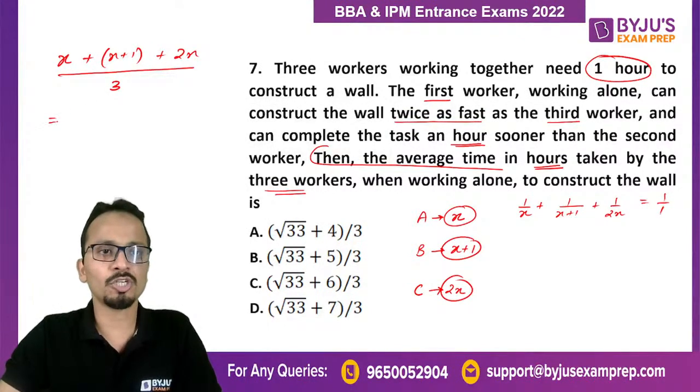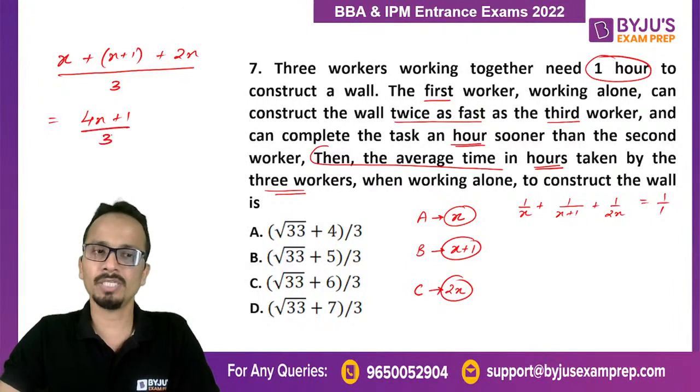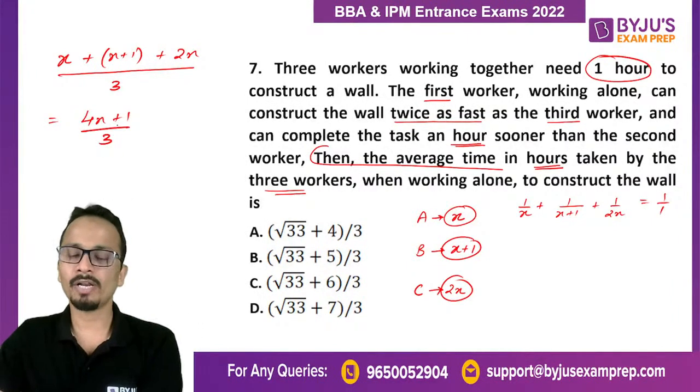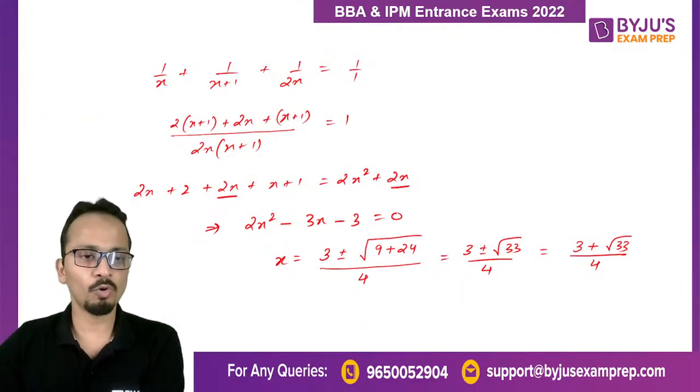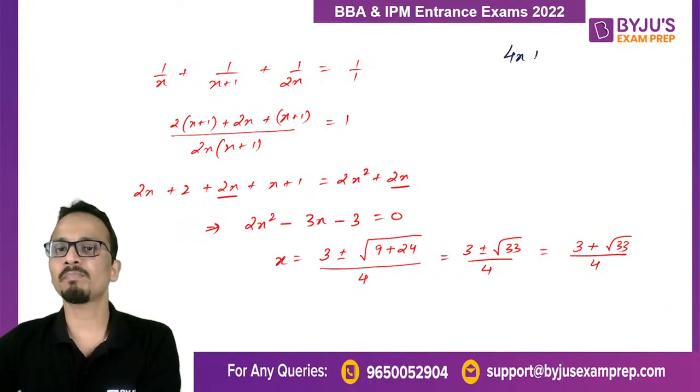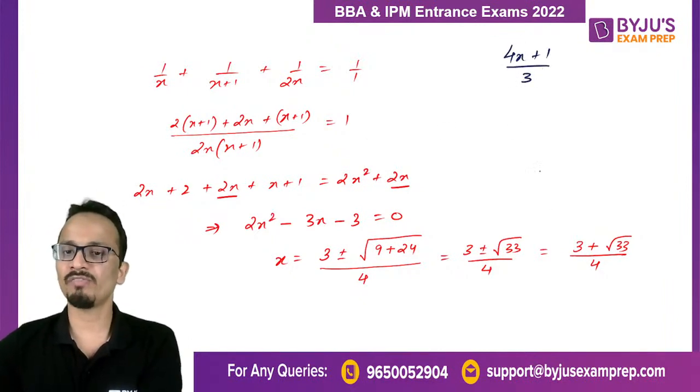This is the average. So it will be equal to 4x plus 1 divided by 3. We already have the value of x, so we have to find out 4x plus 1 divided by 3.